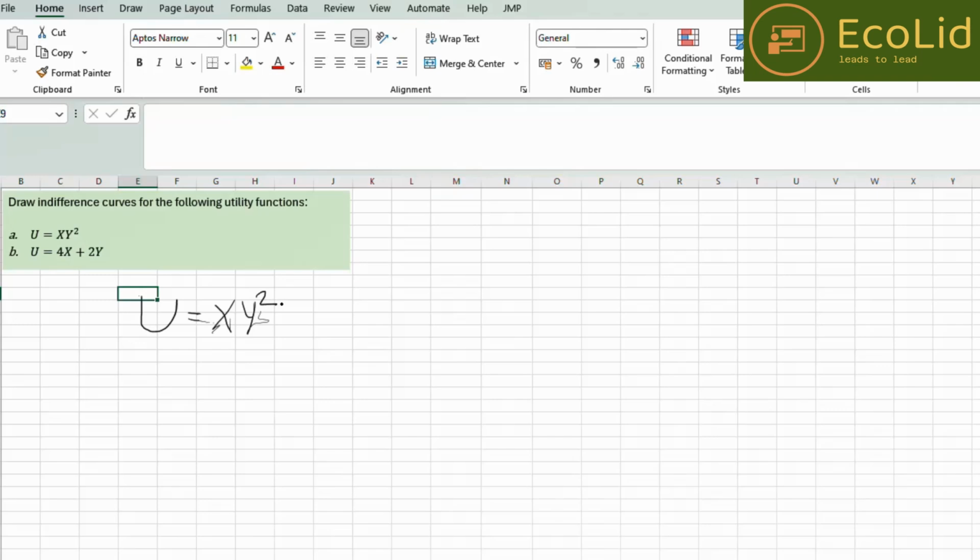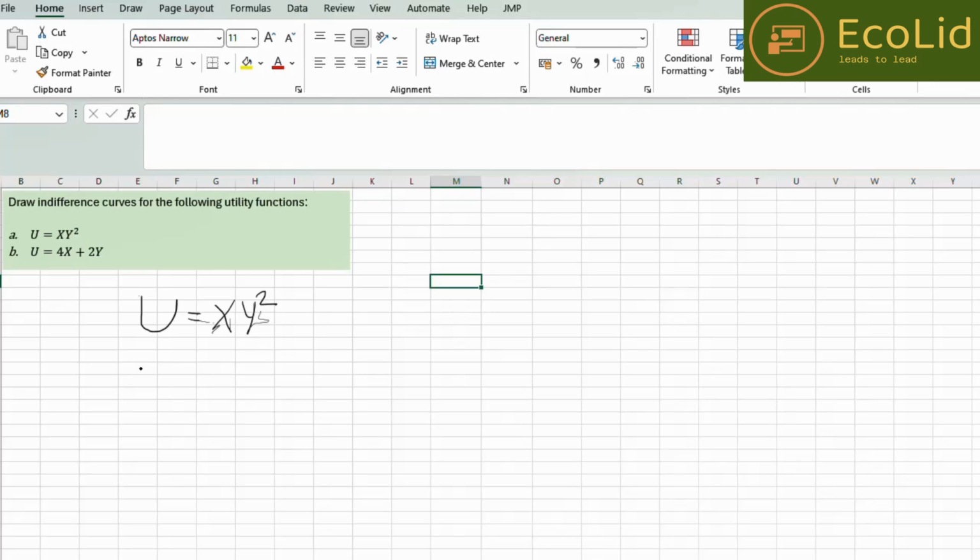Now here, what is the first job for us when we are planning to draw the indifference curve? First job is that we need to write the utility function in such a way that we can express it in one commodity's terms.